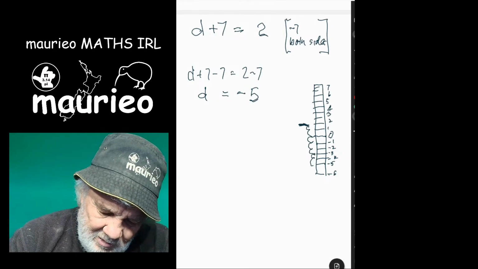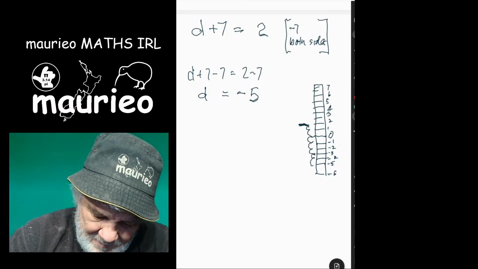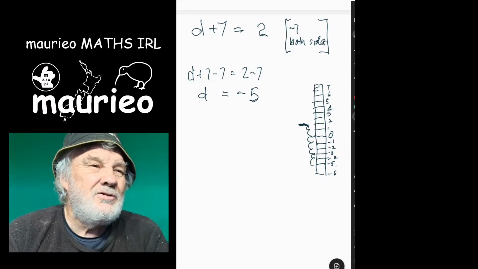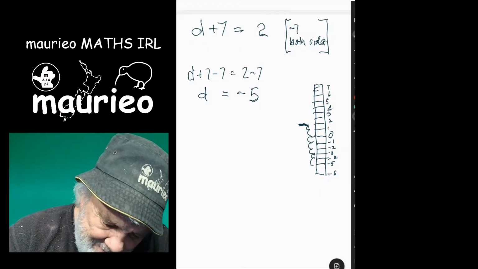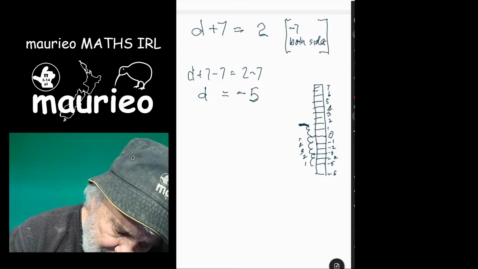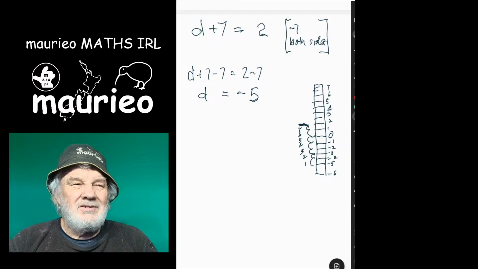So you parked your car on the 5th floor below ground, and then you've come up 7, 1, 2, 3, 4, 5, 6, 7. And now you're on car park 2.